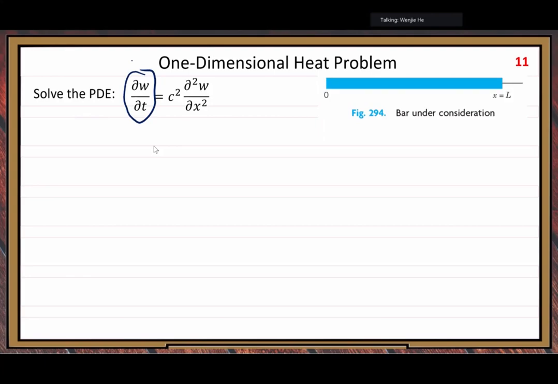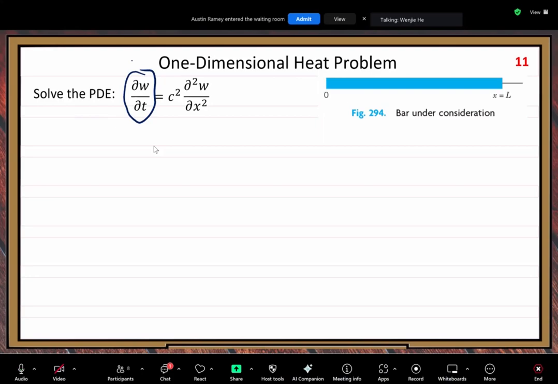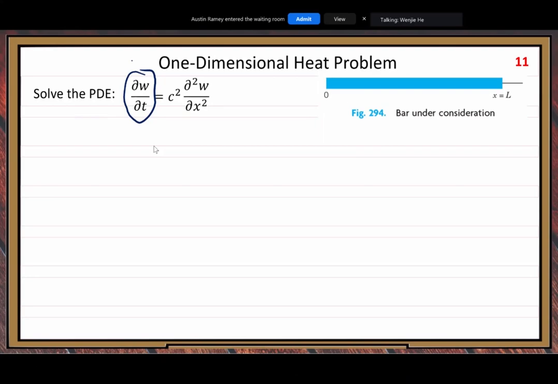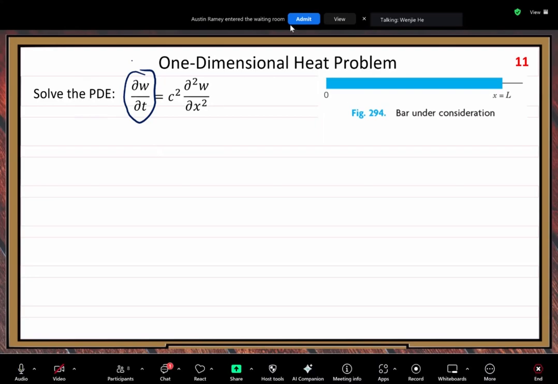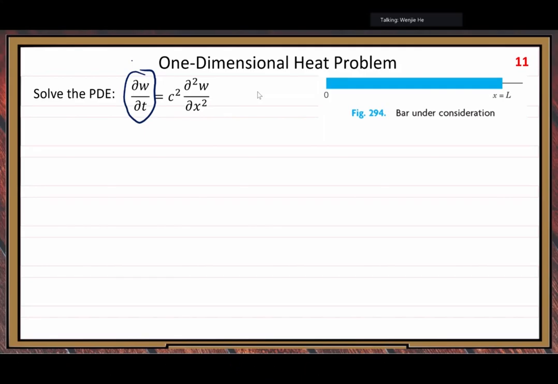We need these two different types of conditions in order to get a unique solution. Otherwise, you may have many solutions.